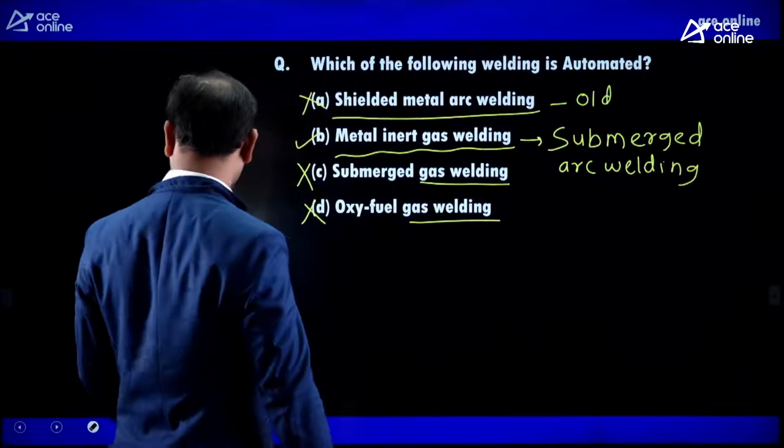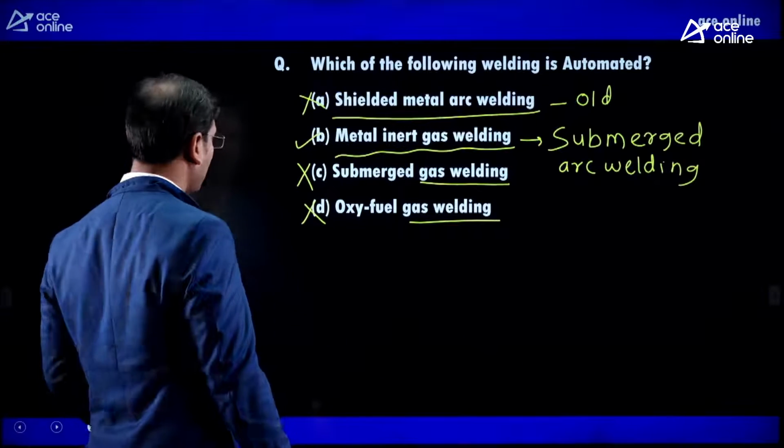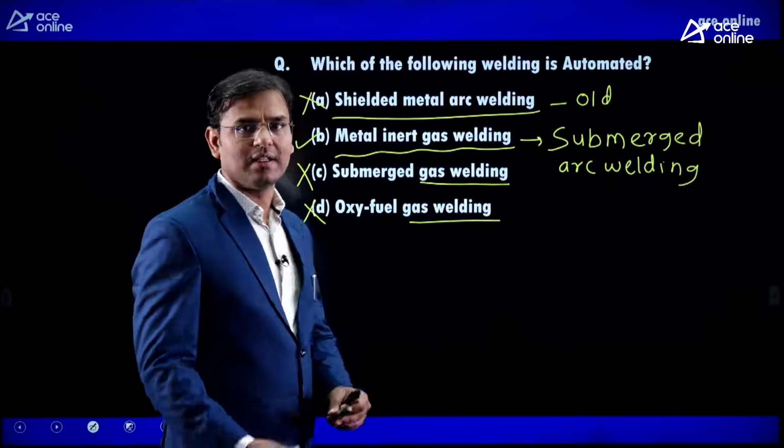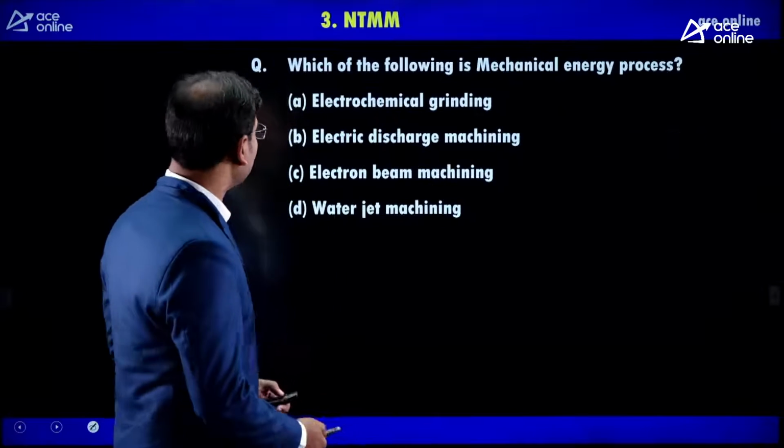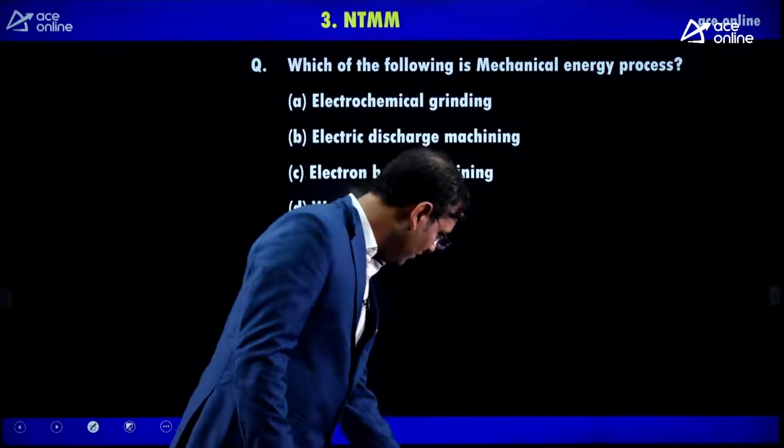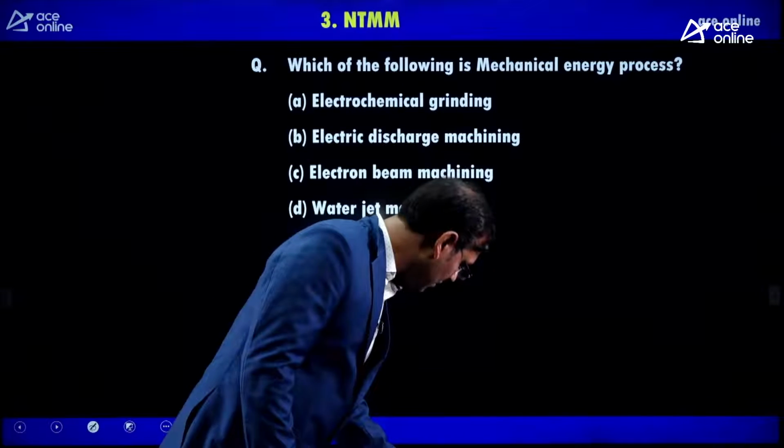It is also semi-automatic, meaning both methods, metal inert gas and submerged arc welding, are semi-automatic. Yes. Now see the questions of the non-traditional machining method chapter.